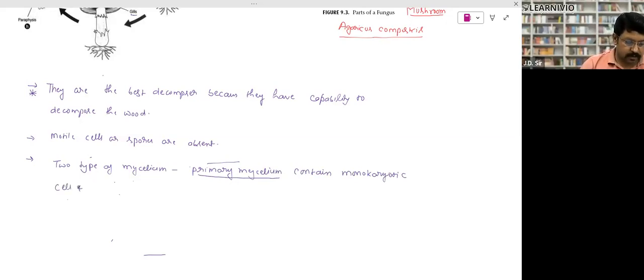and secondary mycelium will have dikaryotic cells.